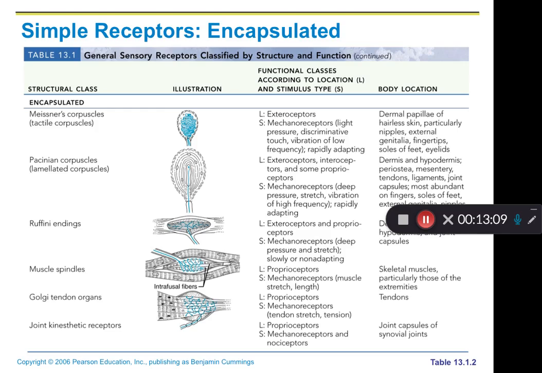So the function of Golgi organs is that once the muscle contracts, the muscle will load force and power on the tendon. So the function of the Golgi tendon organ is to detect the stretching of the tendon.